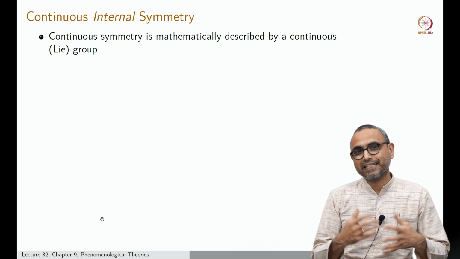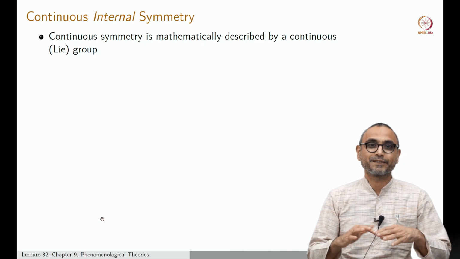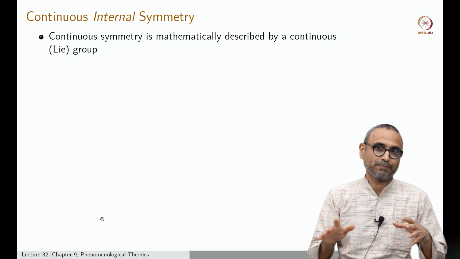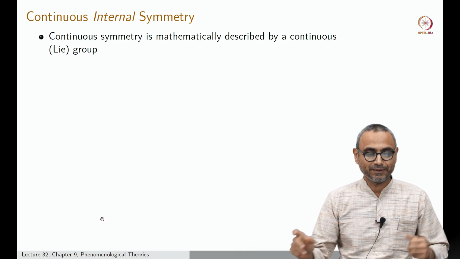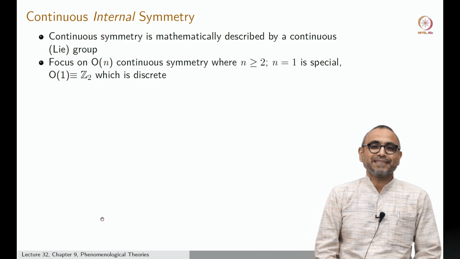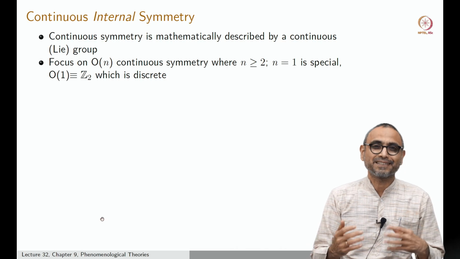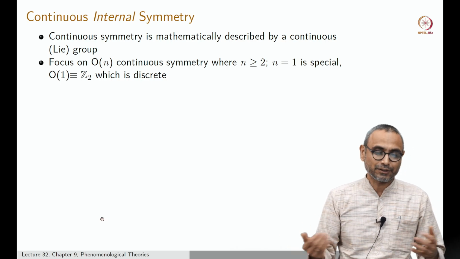We know that continuous symmetries can be described by continuous groups that are like manifolds, meaning smooth geometric objects, right? So what we're going to do is study a class of systems with different continuous symmetries.